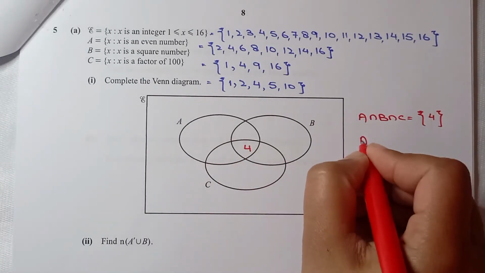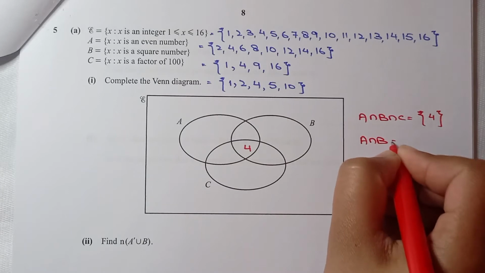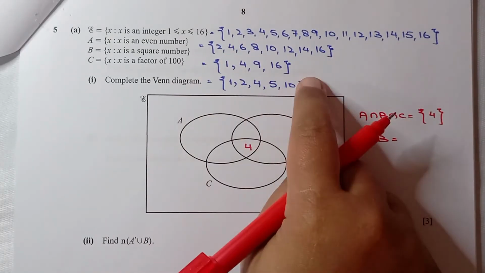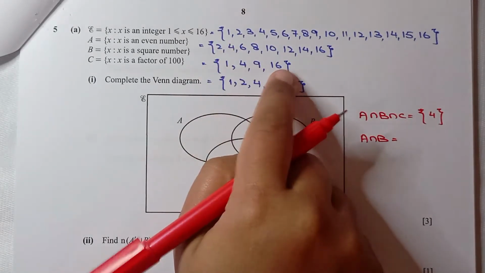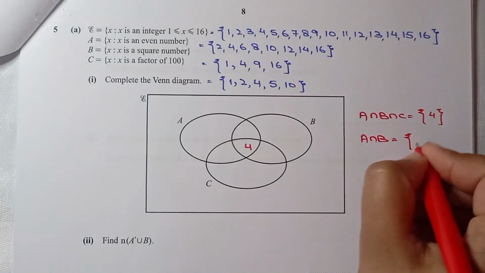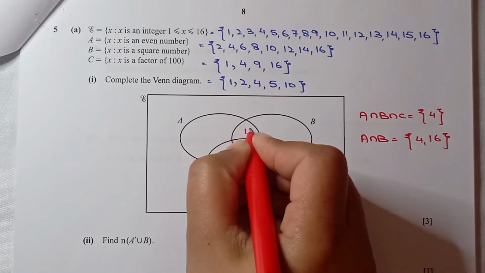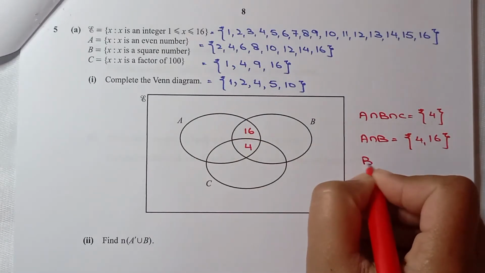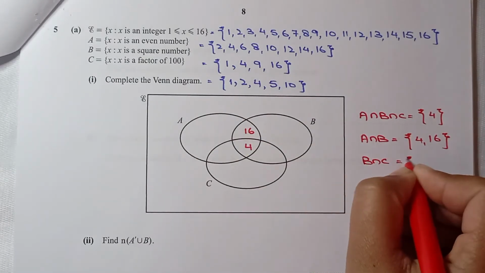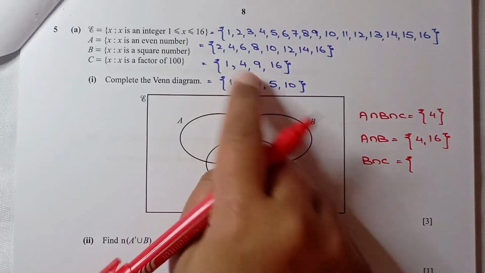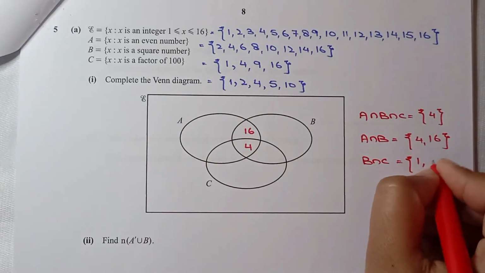Now what is A intersection B? We have A and B. So we have 4 in common and 16 in common. So 4 and 16. We already wrote the 4, so we have just 16. Now what is B intersection C? 1 and 4.